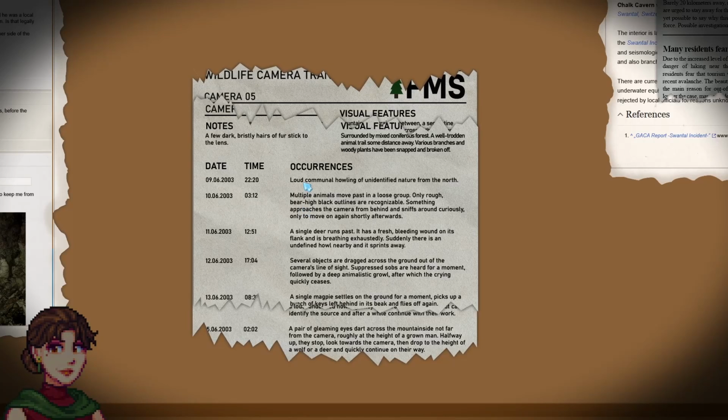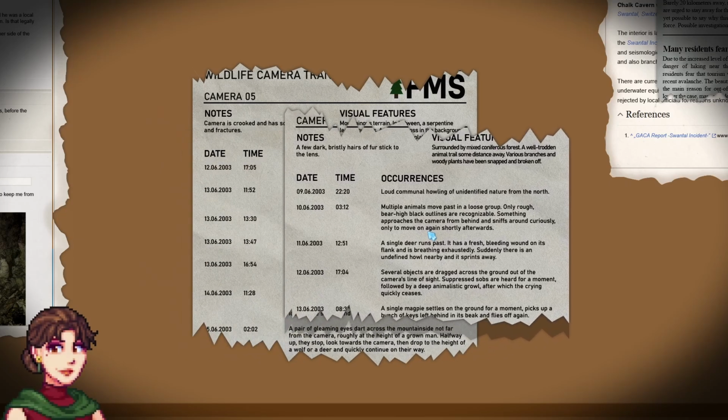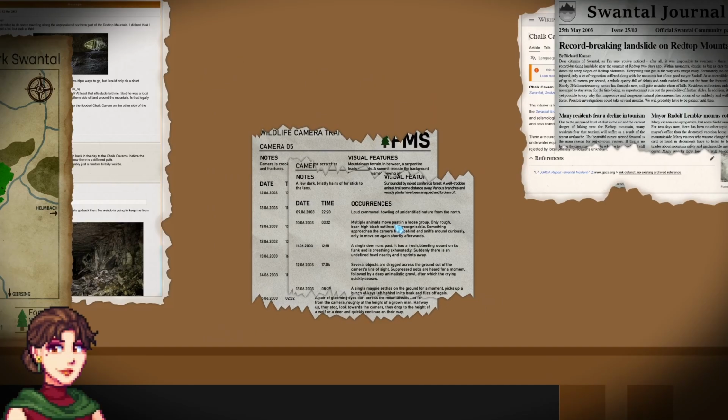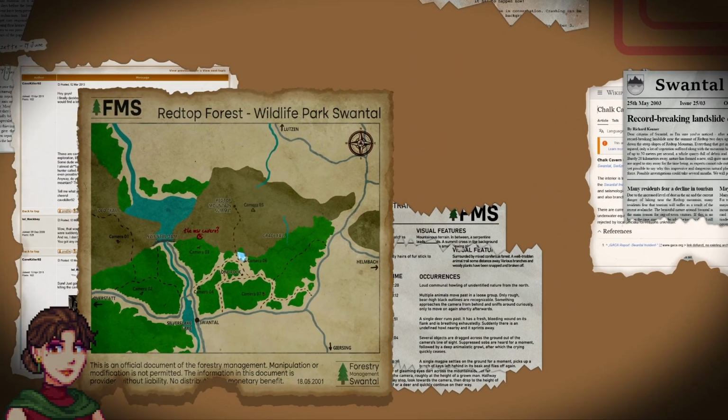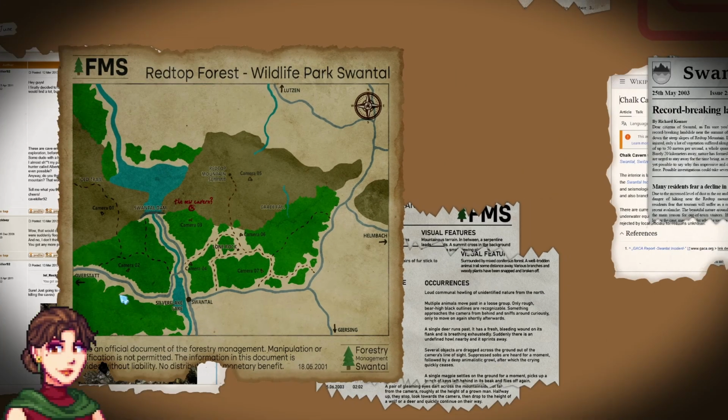Okay. Where is this? Few notes. Oh, great! Don't even tell me what the camera is, but we do have the visual features. So, surrounded by mixed coniferous forest, a well-trodden animal trail some distance away. Various branches and woody plants have been snapped and broken off. Coniferous?